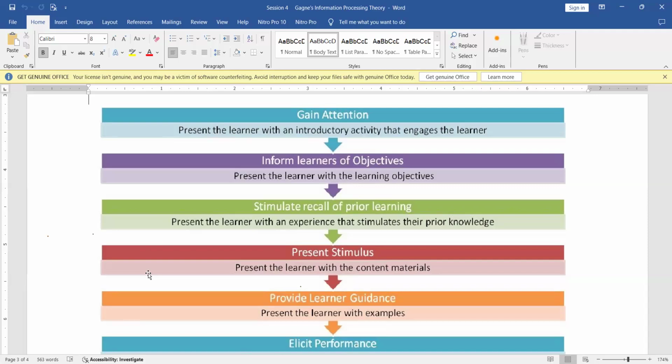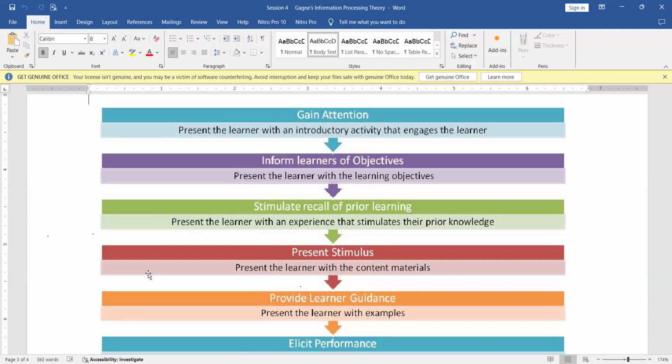Likewise, at the end of the lesson, what the students will be able to do is the objective. So according to Gagné, the learner should be informed about the learning outcomes, what they should be able to do at the end of the lesson. So you might think your students might not understand, no?